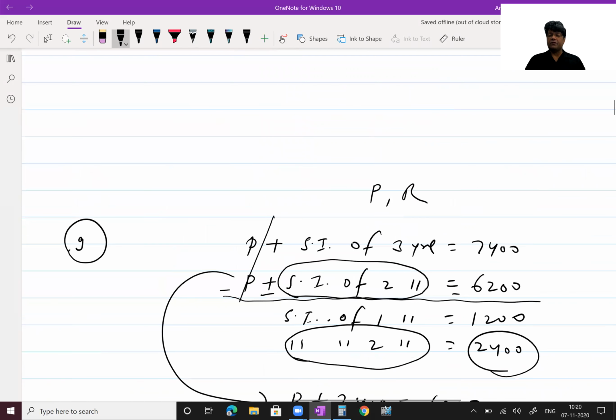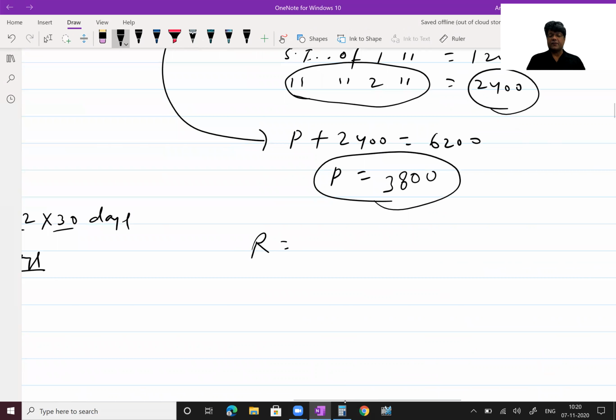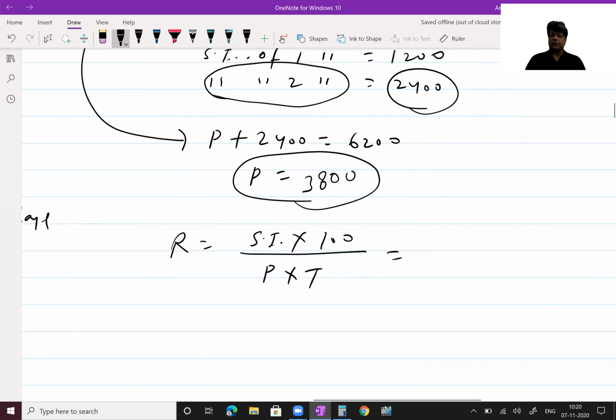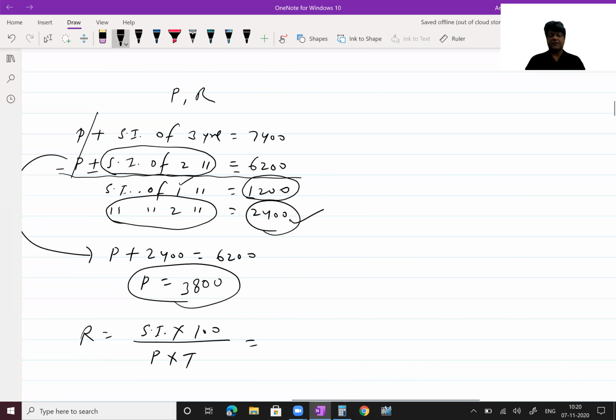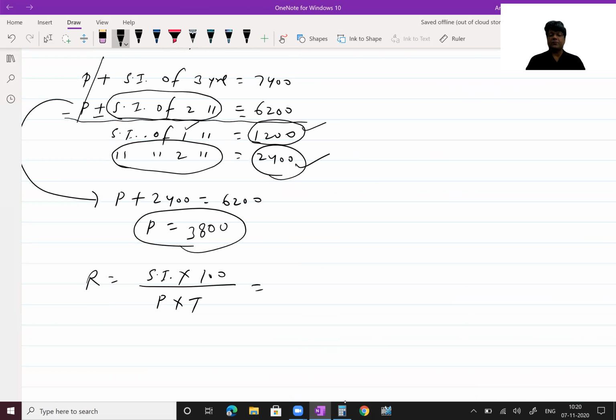And now you have to calculate the rate of interest. What is the rate of interest formula in the simple interest case, guys? Simple interest into 100 by principal into time. If you take this simple interest, then your time will be 2 years, and if you take the other simple interest, then your time will be 1 year. Anyone you can take. Suppose I am taking 1200.